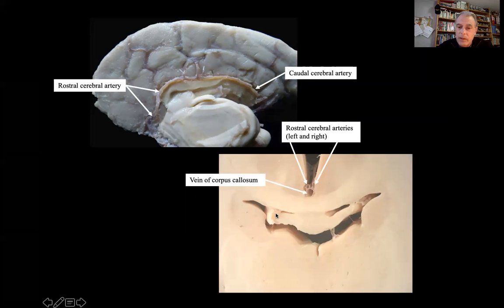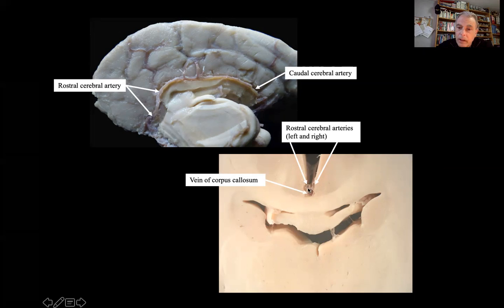If we make a transverse section, here we have the corpus callosum, cingulate gyri here, and the caudate nucleus, the fornix right here, the lateral ventricles, and in here, in the longitudinal fissure of the cerebrum, we identify three vessels.